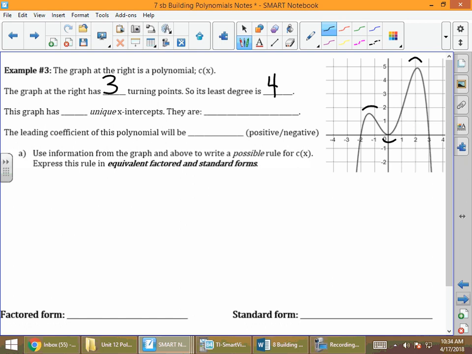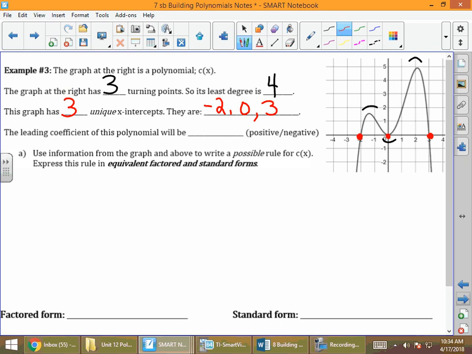This graph has an intercept here, an intercept there, and an intercept here. It has, therefore, 3 unique x-intercepts. And those values that we just marked on our graph are -2 and 0 and 3.